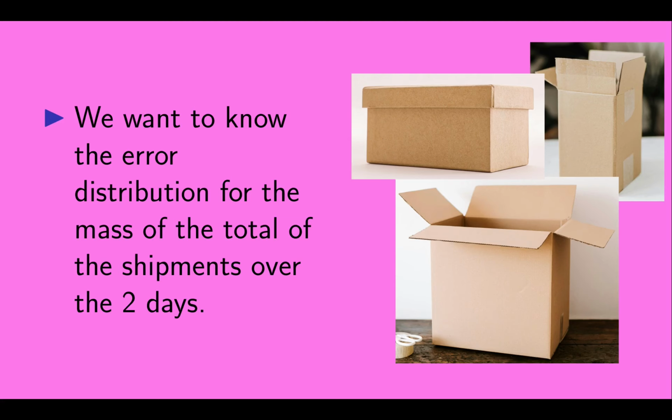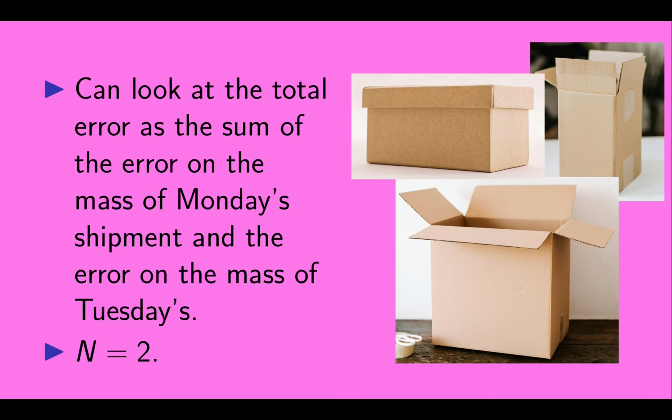We want to know the error distribution for the mass of the total of the shipments over those 2 days. We can look at the total error as the sum of the error on the mass of Monday's shipment and the error of the mass of Tuesday's.